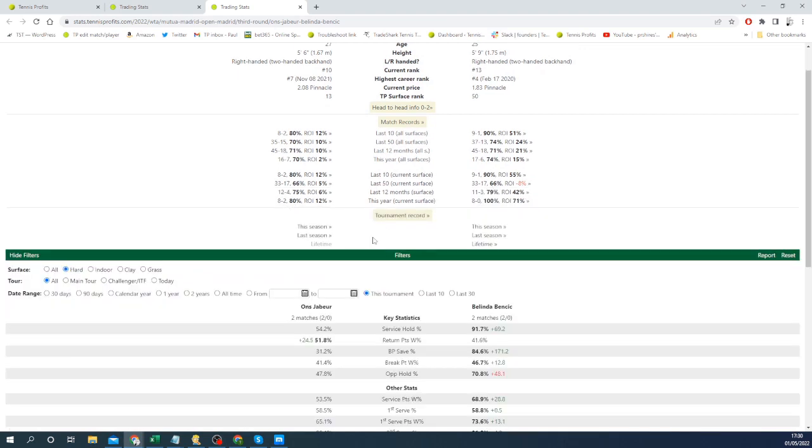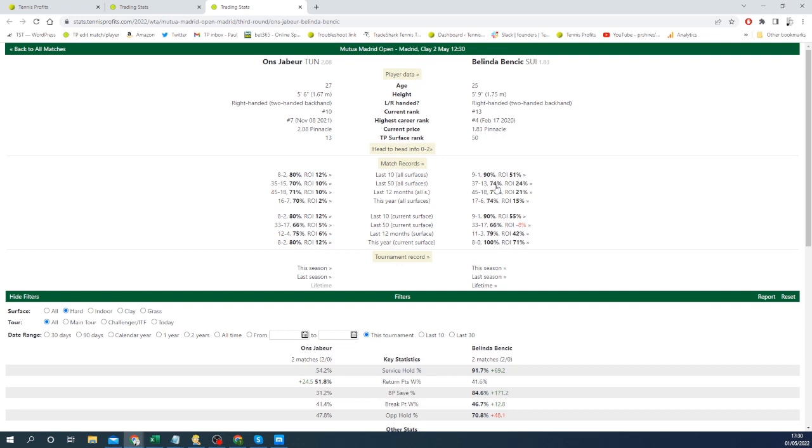So if I was researching that one, I'm looking at the last 50. Well, look at the all surfaces first. In the match notes that I put on the site and in the trading advice email, when I say long-term win percentages, I'm looking at 50 matches.